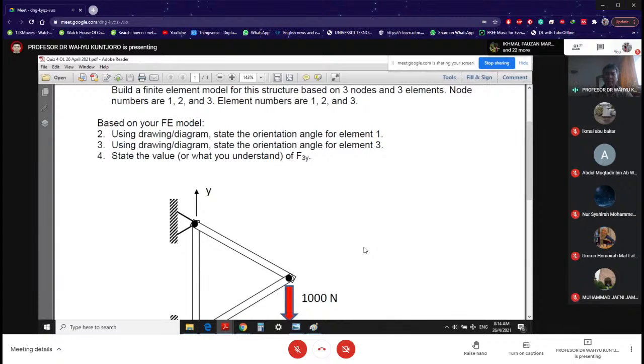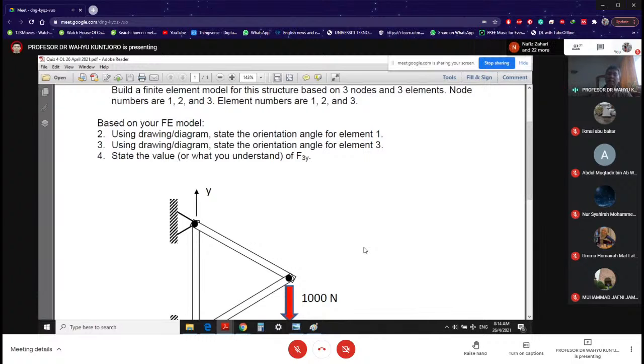Once you finish your finite element model, which can be different from student to student, get your element number 1 based on your own model, and state the orientation angle. What is the magnitude of the orientation angle? And you do that for element number 3 also.